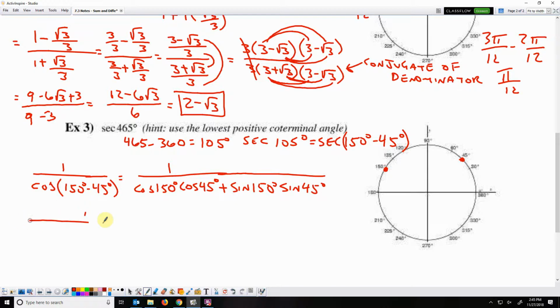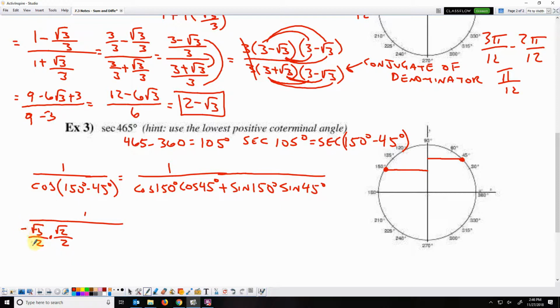So 1 over cosine 150, that's the x value. Third position left is root 3 over 2. Cosine 45, that's the second position right. Root 2 over 2. I have an error here because my cosine 150 is to the left. That should have been negative.